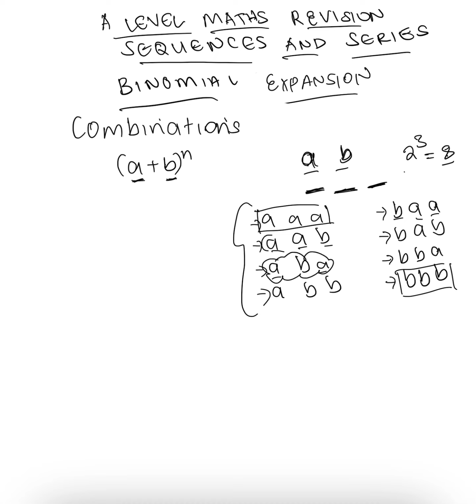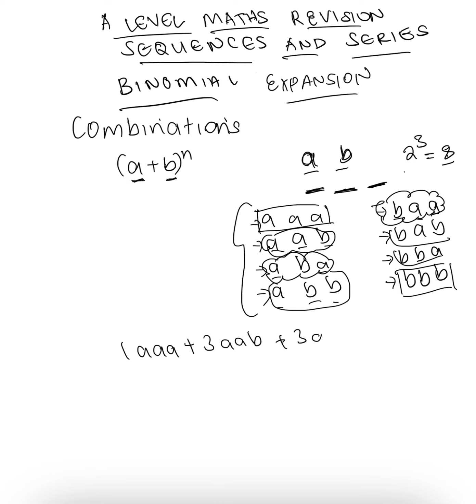There's this, and there's this. Equally, there are 3 scenarios where there's 2 B's and an A. So there is one scenario where there's AAA, 3 scenarios where there are 2 A's and a B, 3 scenarios where there's 1 A and 2 B's, and there's one scenario with BBB.